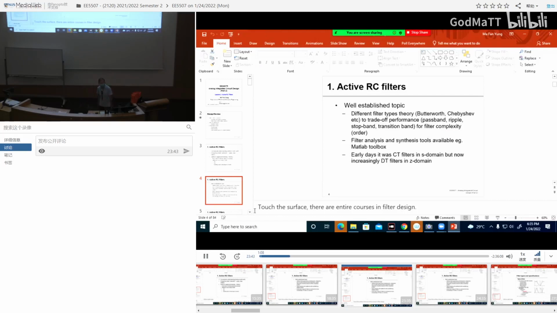No. Basically, it's to convert time domain integral differential equations into Laplace domain algebraic equations. That's one simple way to understand.